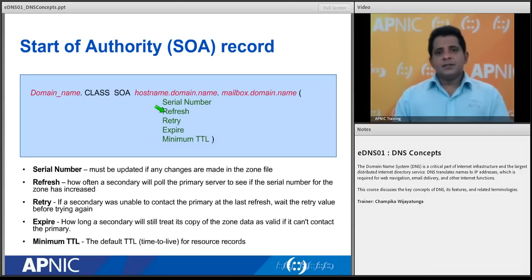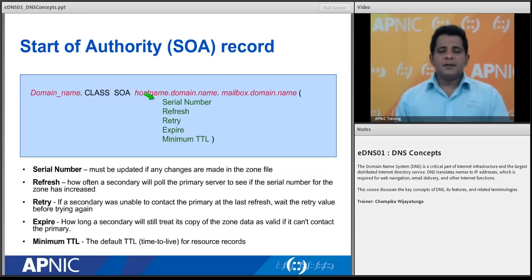So it is important for us to make sure that the primary and the secondary are serving the same zone data. So we have to make sure the zones are consistent. How are we going to achieve the consistency? That is why we have these parameters. So first of all, we have a serial number, right?